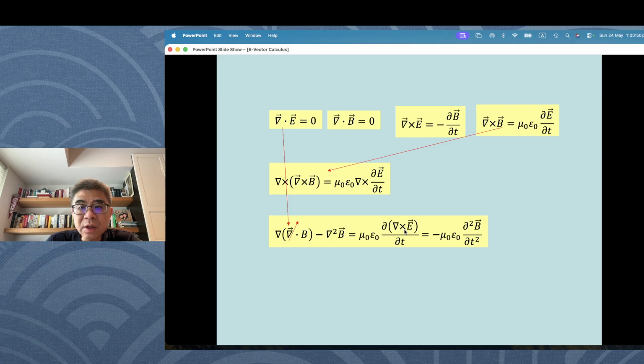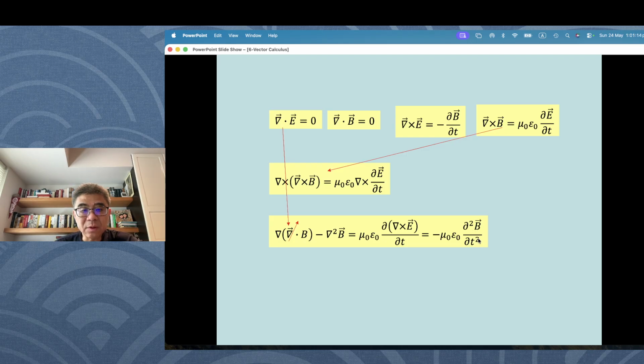But curl E has a formula for it. It is related to the time change, the rate of change of B. So if you plug in this equation, then we get it is equal to partial square B partial t square.